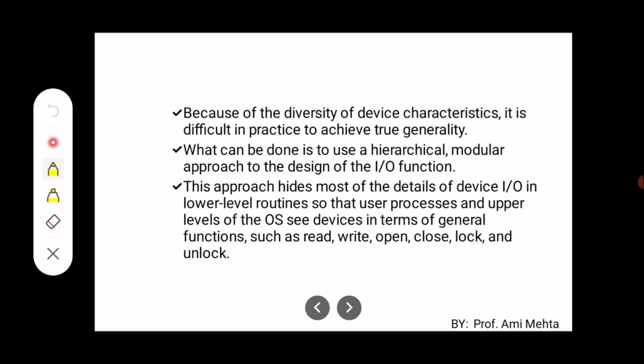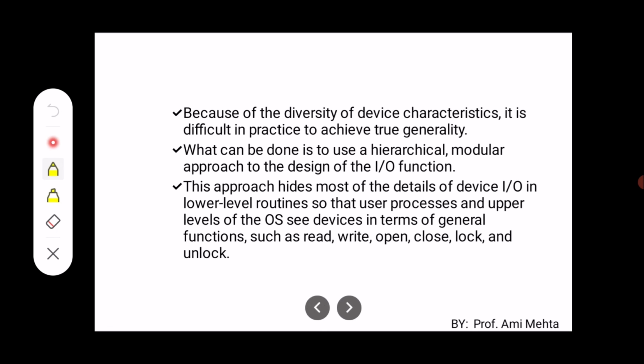This approach hides most of the details of device I/O in lower-level routines so that user processes and upper levels of the OS see devices in terms of general functions such as read, write, open, close, lock and unlock.